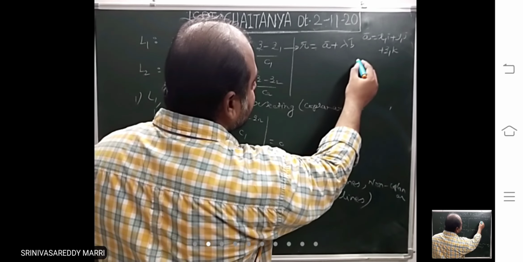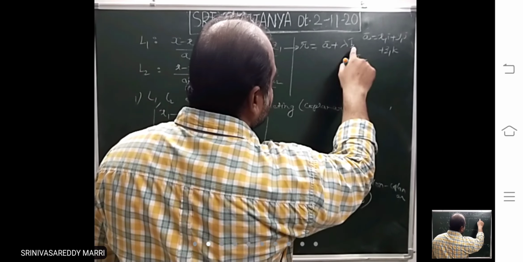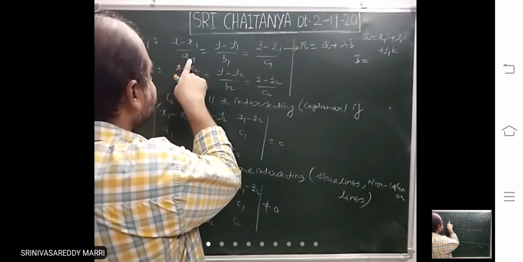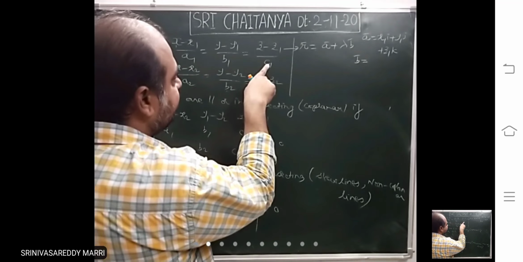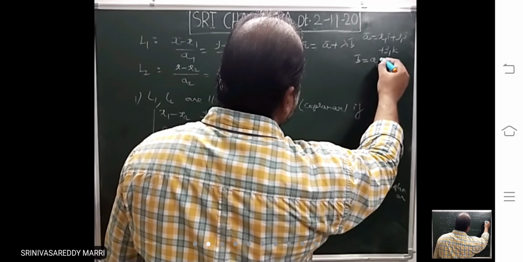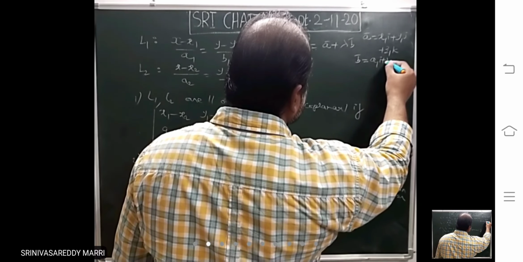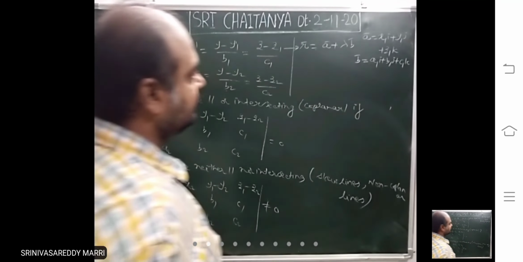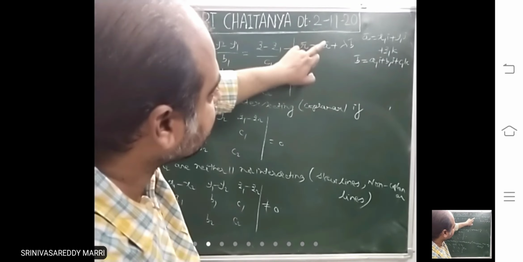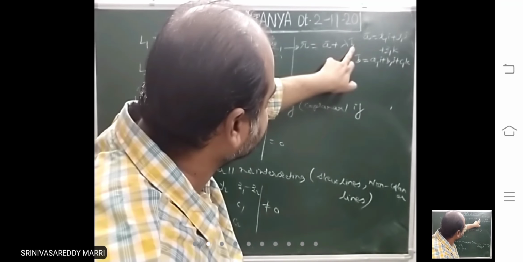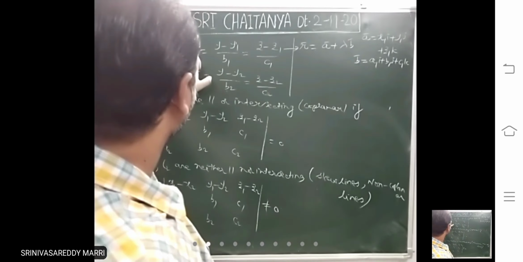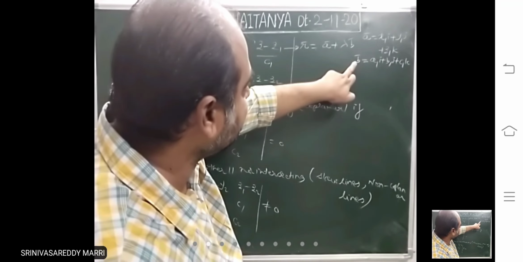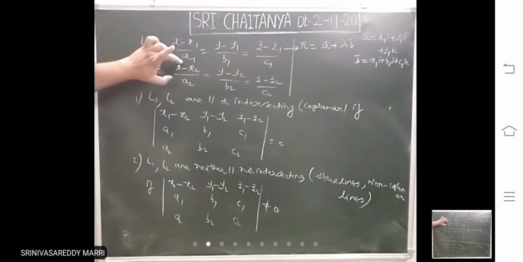B bar is the direction vector of the first line. Direction vector means DRs a1, b1, c1, so B bar is a1 i plus b1 j plus c1 k. So for line 1, R bar equals A bar plus lambda B bar, where A bar is the position vector of the point x1, y1, z1 and B bar is the direction vector of this line.